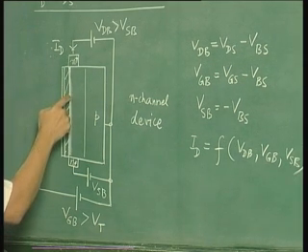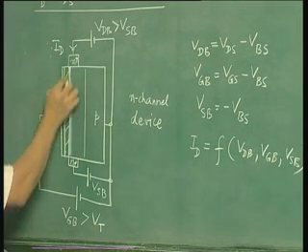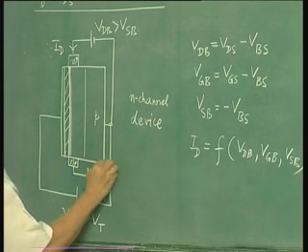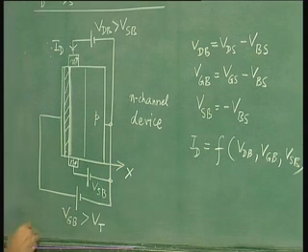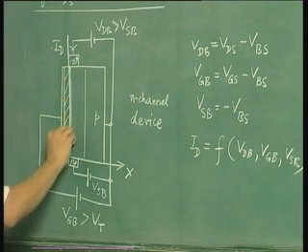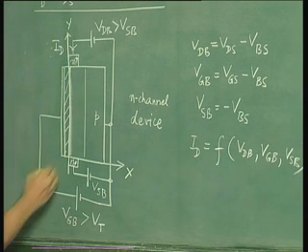Clearly if the voltage on the channel increases, the voltage difference between the gate and the channel decreases as you move up. Now let us set up a coordinate system. So this will be our x axis and this will be our y axis and this will be our origin.